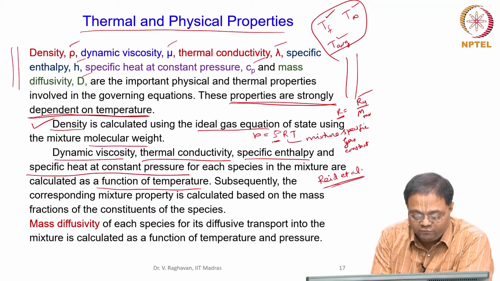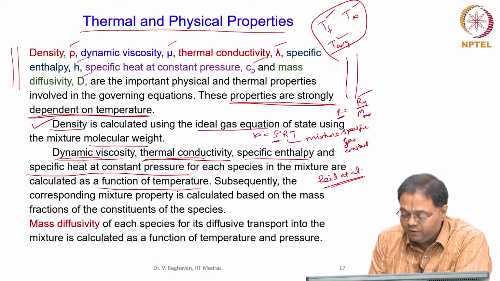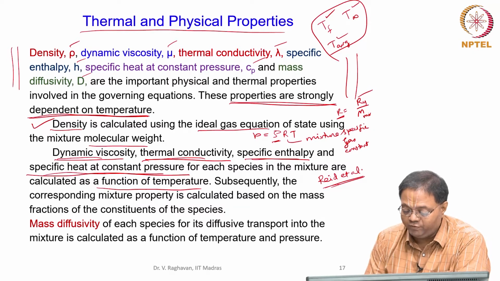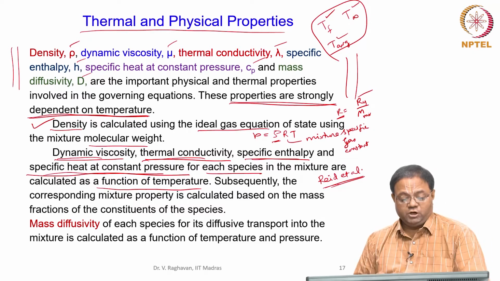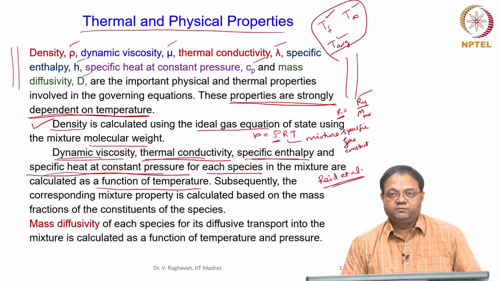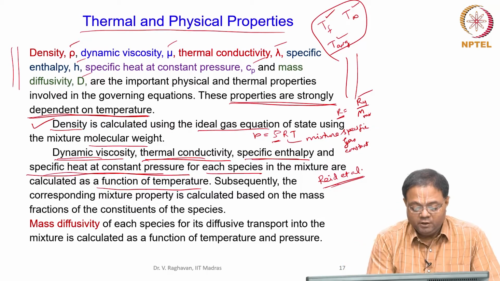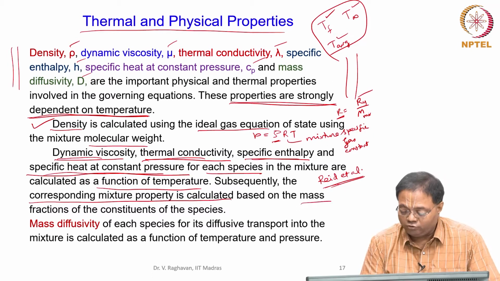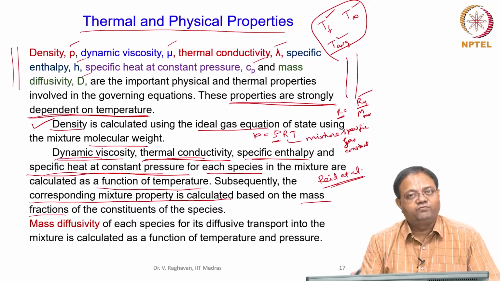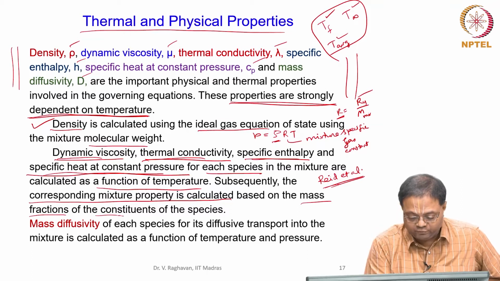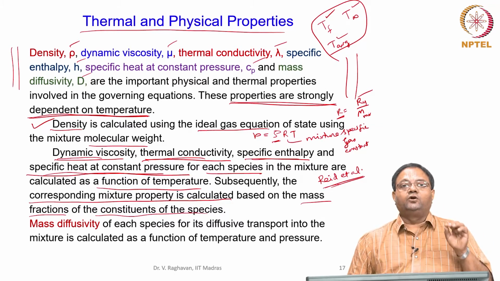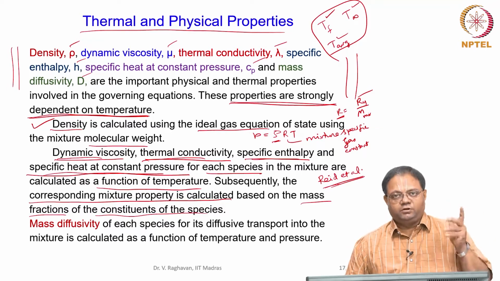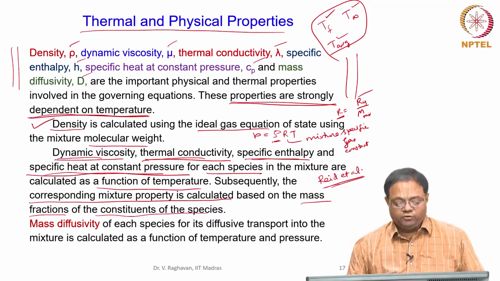So, the dynamic viscosity, thermal conductivity, specific enthalpy, specific heat at constant pressure of each species in the mixture are calculated as a function of temperature first. Okay. Then the mixture property can be calculated using the concentrations, or mass fractions or mole fractions, of the constituents. So, now we are incorporating both temperature dependency plus the mass fractions of each species.